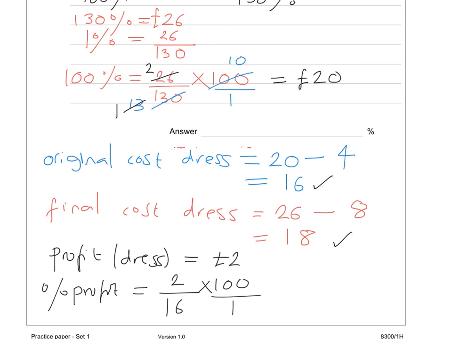We can simplify. 100 divided by 4 gives us 25, and 16 divided by 4 gives us 4. We can then simplify further. 2 divided by 2 gives us 1, 4 divided by 2 gives us 2, so we are left with 1/2 multiplied by 25 over 1, which is the same as 25 divided by 2, or half of 25, which is 12.5, so the final answer is 12.5%.